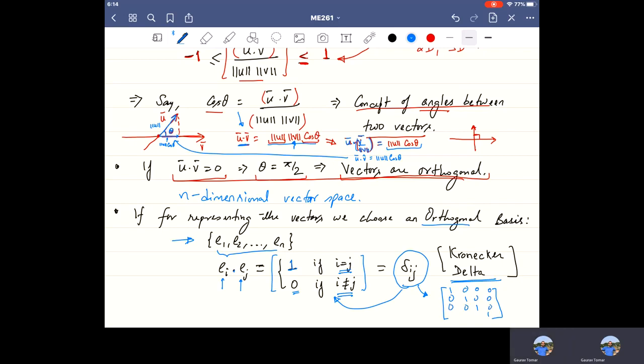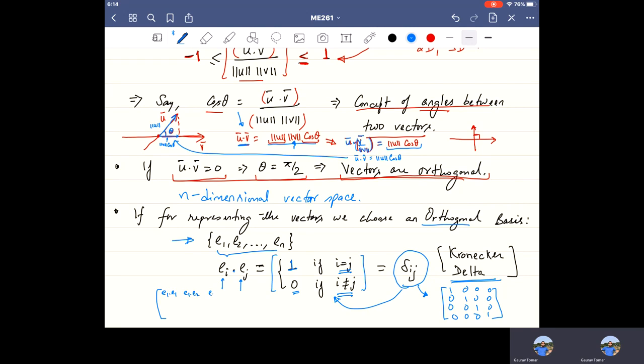So delta ij can also be seen as a matrix, which essentially means this is a matrix equation, correct? This is just about the initial notations that people use often, and we will also be using it. So you can think of this as E1 dot E1, E1 dot E2, E1 dot E3, and so on.